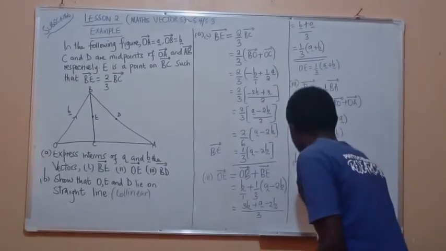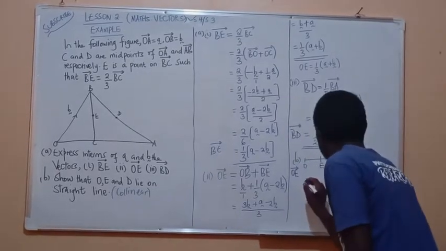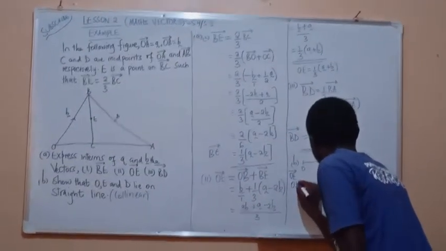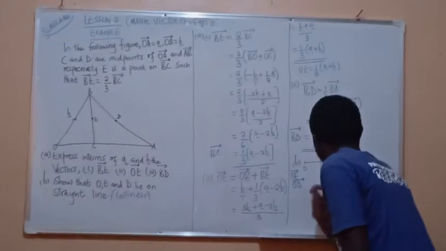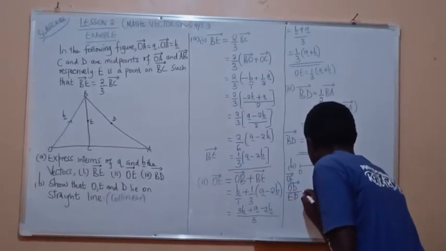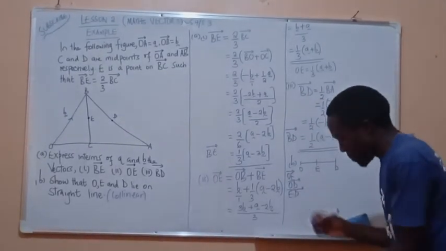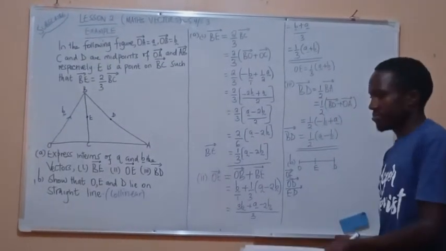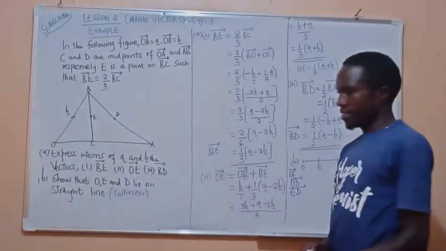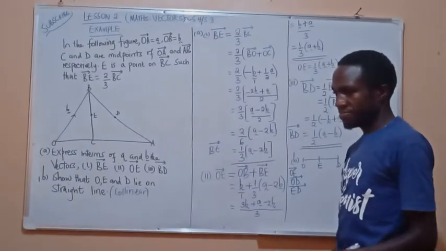So, let's see. Here we shall derive points OE. We can derive a point OD. We can derive a point ED. First see, through these points you've written, is there any point that you've gotten?